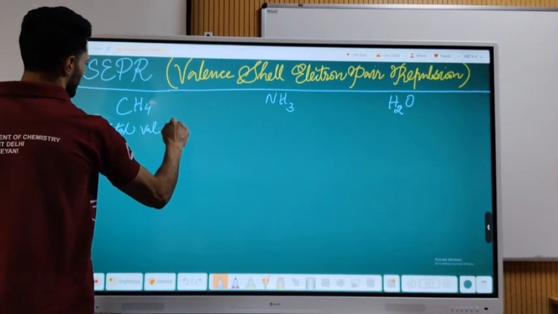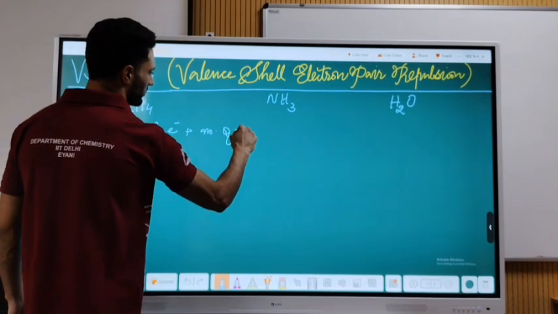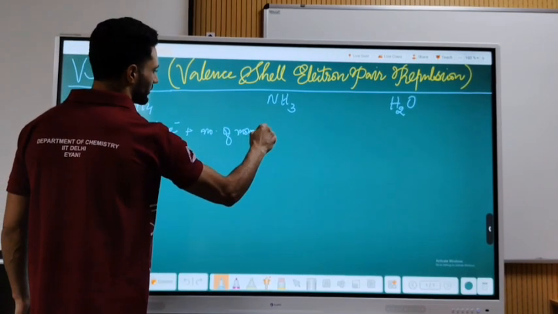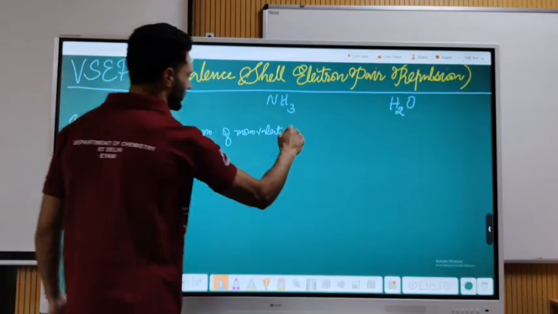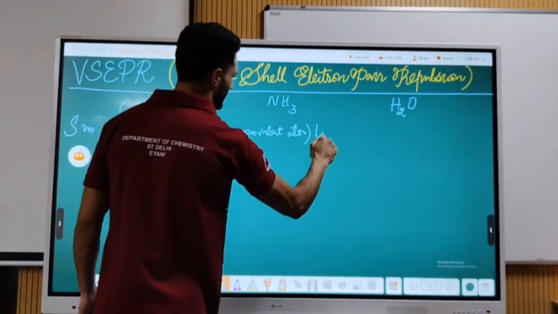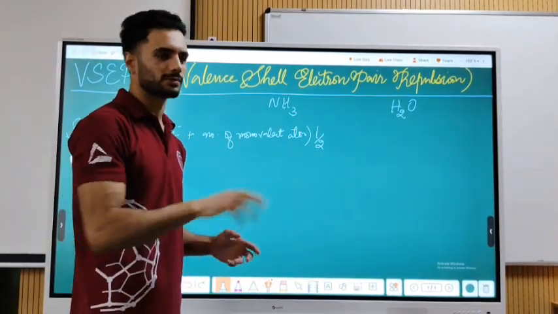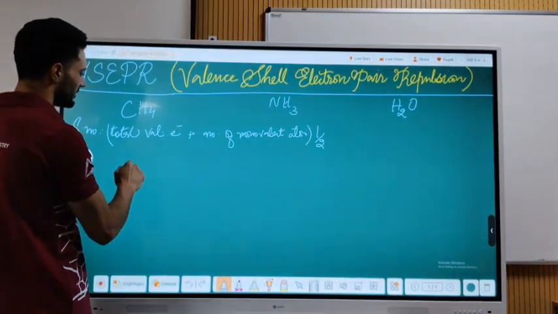So let's first calculate the steric numbers of these three molecules.